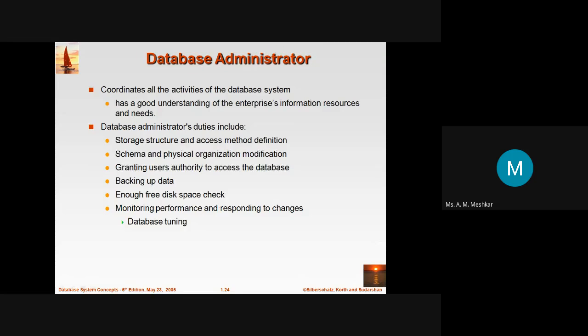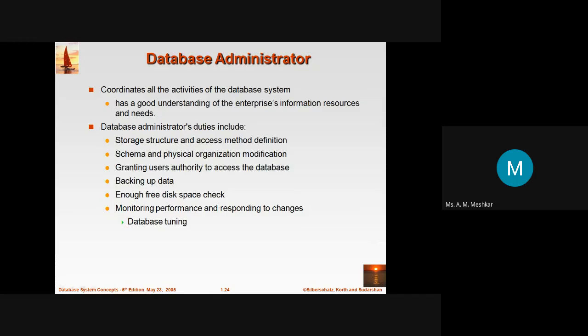The administrator performs regular duties like maintenance of the data, backing up the data, checking whether there is enough disk space or not, and monitoring the applications. If the database management system is getting slower, then updating the tools or using newer techniques, database structuring, how it is going to be stored, the schema definition, and the physical organization. So all the basic controls, along with the authorization rights: who can access what data, and when to grant the access.